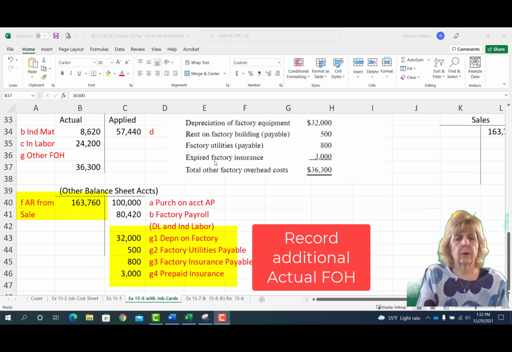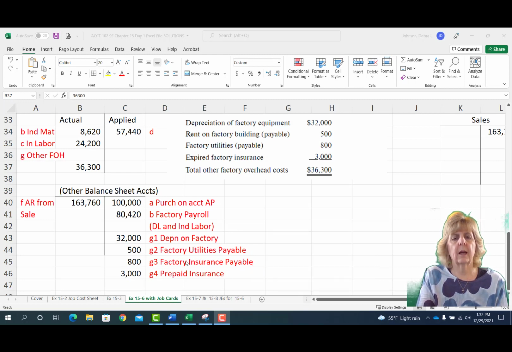The expired factory insurance, since it says expired, it most likely came out of a prepaid insurance account. So take a moment to review the one debit for the total of the actual overhead costs incurred. And the credits would go to a variety of accounts depending on the type of costs incurred. We'll take a look at the actual journal entries momentarily.